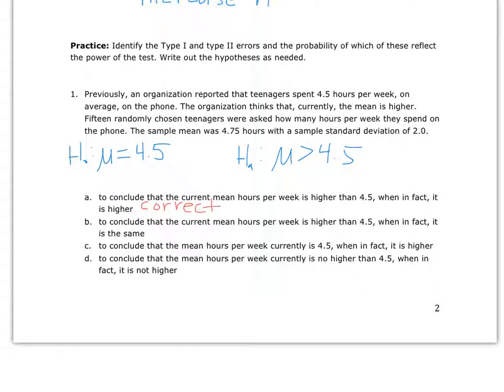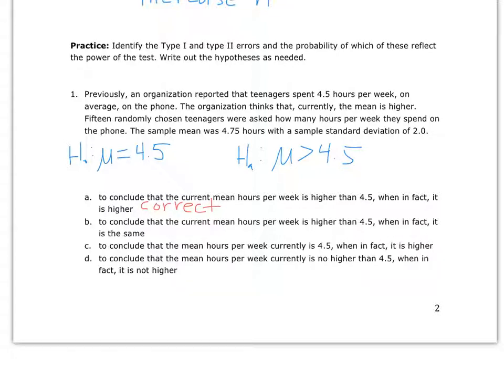And let's look at B. To conclude that the current mean hours per week is higher than 4.5 when in fact it is the same. Okay, in other words, it equals 4.5. Well, that's incorrect. And so we have to figure out, well, which error is it? Well, we are concluding that the current mean hours per week is higher than 4.5. So that means we're rejecting that it's equal to 4.5.